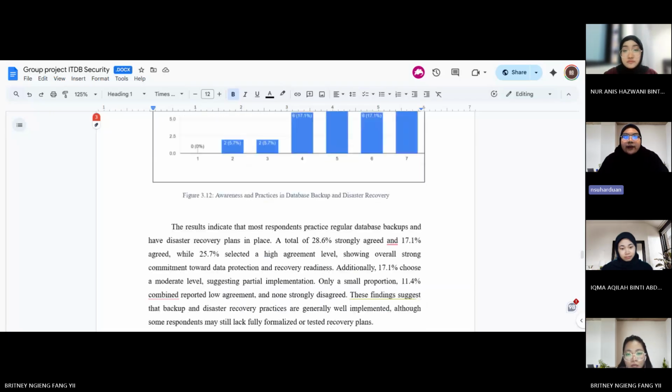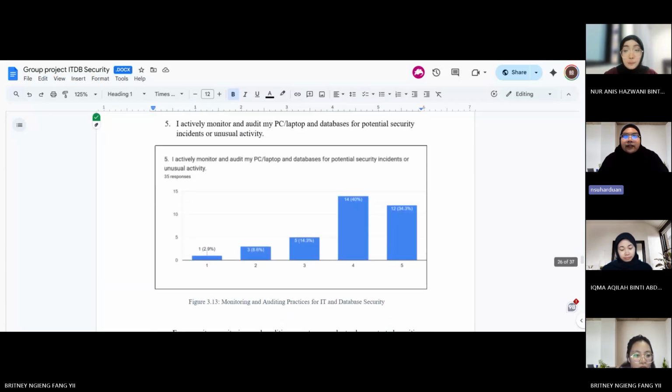And the last question we asked about actively monitoring and auditing my PC, laptop and database for potential security threats. For security monitoring and auditing, most respondents demonstrate positive behavior. 40% agree and 34.3% strongly agree that they actively monitor and audit their system for unusual activity.